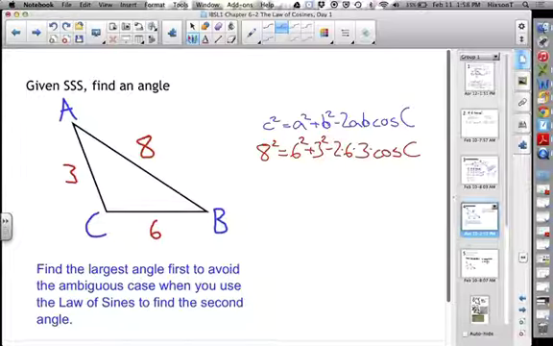Now, take a moment and try to solve this. Equals 9 cosine C. 9 plus cosine C. Okay.